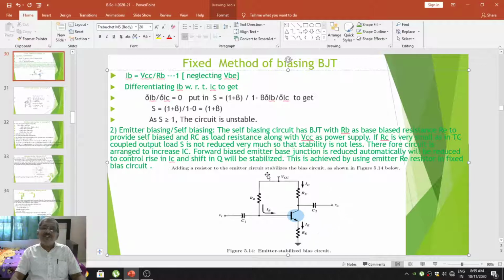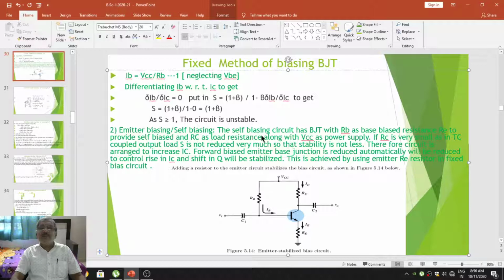Now let us derive the relation between IB and IC, and also we are going to calculate what is the necessary value of RE so that it is going to make the operation of the BJT stable in terms of stabilizing the operating point in a required region. So let us proceed.